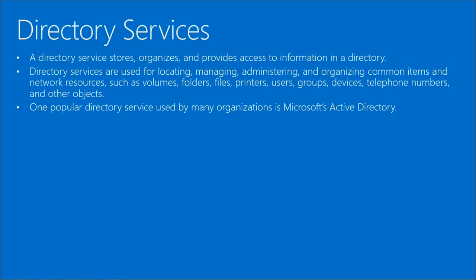What's the classic analogy? Oh, the phone book. Indeed, it is similar to the phone book. The directory structure is used for looking things up, looking objects up. Printers, computers, users, servers, devices on the network get stored into the directory structure.